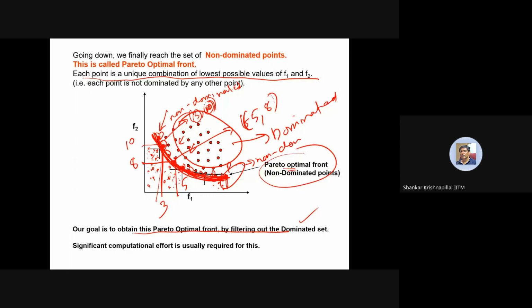What will happen in the genetic algorithm for multi-objective optimization is that it will start from here, slowly eliminate the dominated points, and finally reach here. Significant computational effort is usually required for this.